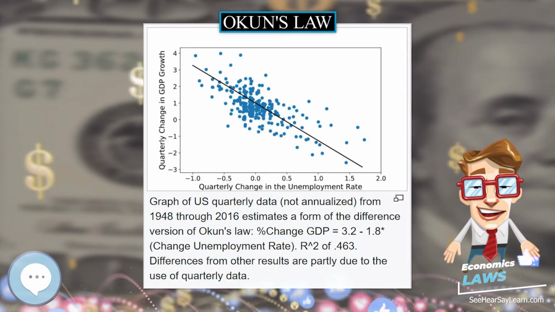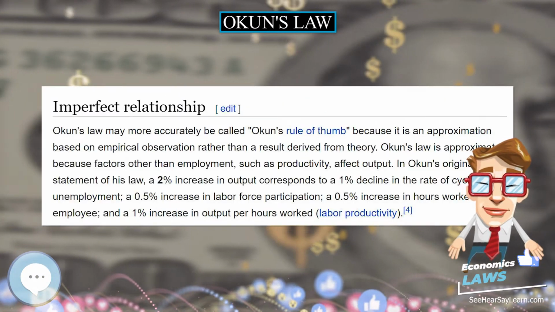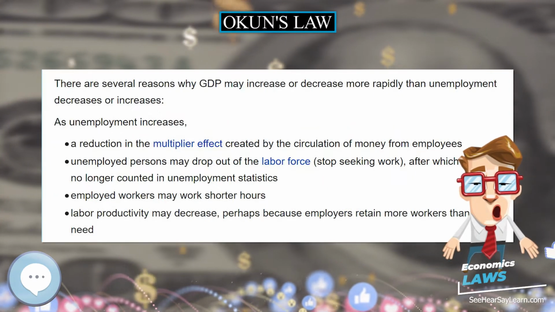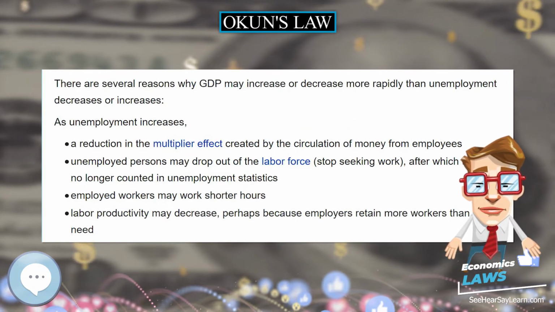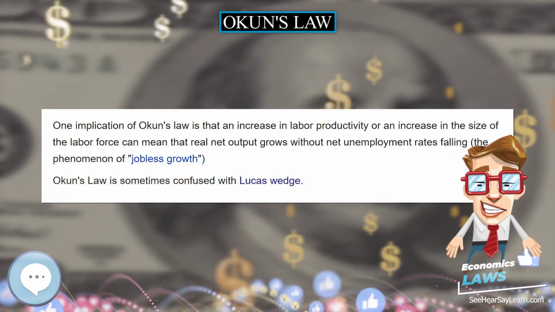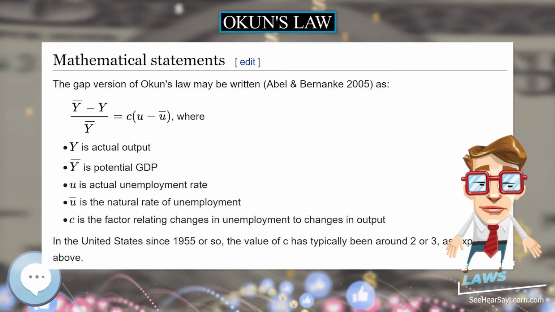The magnitude of the decrease seems to be declining over time in the United States. According to Andrew Abel and Ben Bernanke, estimates based on data from more recent years give about a 2% decrease in output for every 1% increase in unemployment. Abel and Bernanke, 2005.